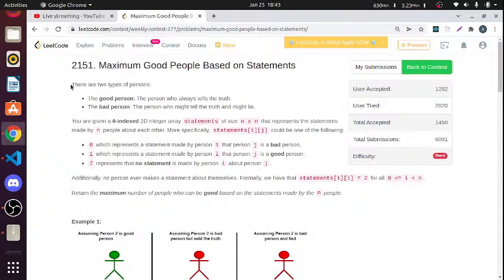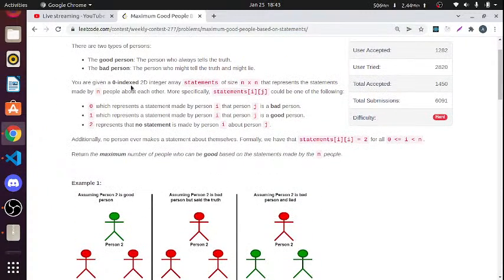Okay, fine. So maximum good people based on statements. There are two types of persons. The good person, the person who tells the truth. And the bad person, the person who might tell the truth, might lie. So we can't trust this, but we can trust this.